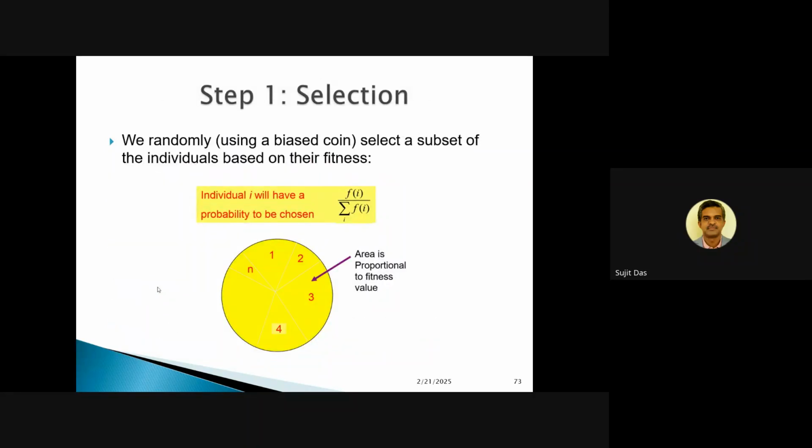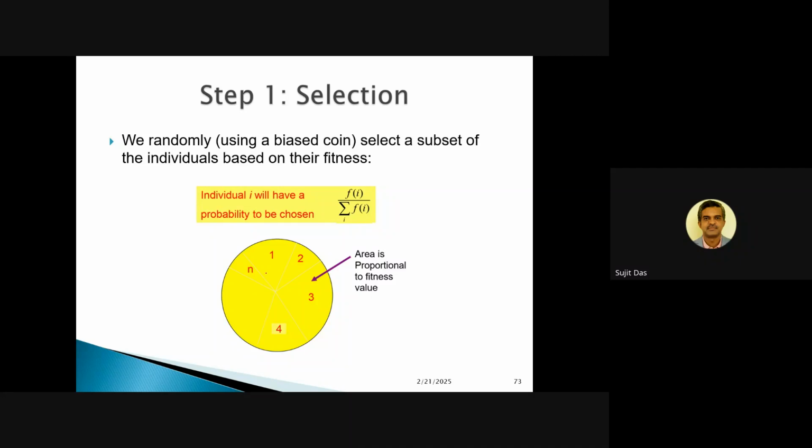Now see, we are using the roulette wheel selection mechanism for this natural selection. As you know, you have already seen roulette wheel selection. Its tendency is like that: the better solutions will be selected in more number, and poor solutions will be selected in less number, as their probability of selection is less.